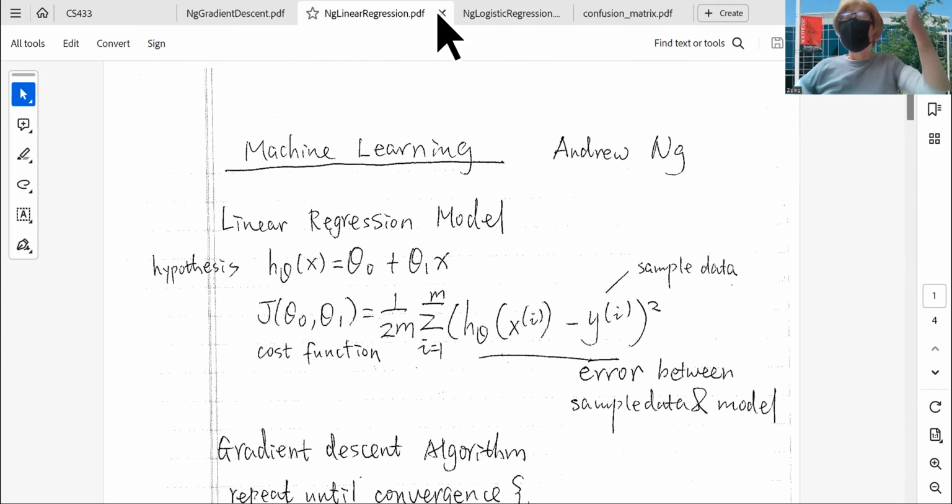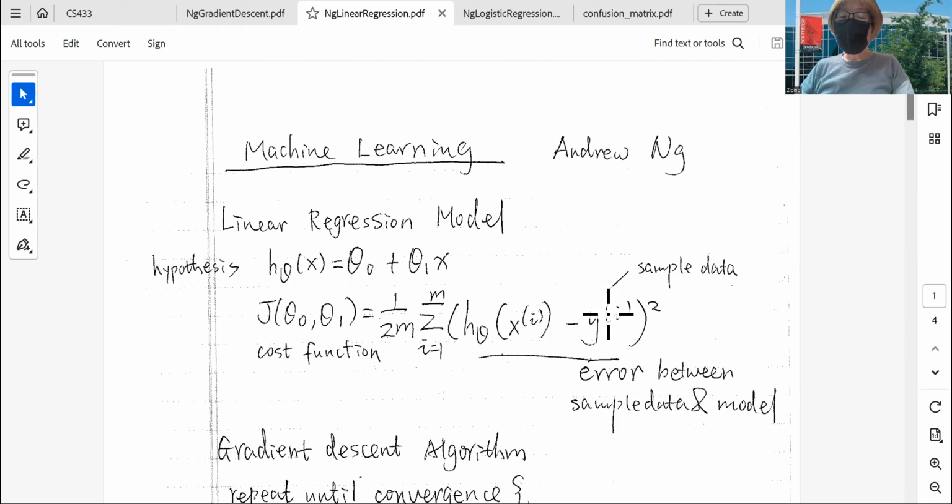So linear regression here we discussed. Linear regression is where you assume the output and the features have a linear relationship. And this is the cost function.